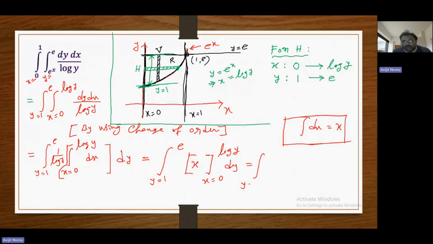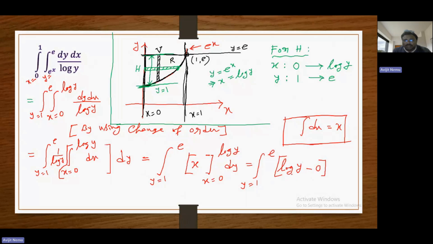So integration over y ranges from 1 to e. When the upper limit of x is log y, the integration value is also x, so we can directly substitute. Due to the upper limit, the value of the integration is log y because the integration is x, and minus due to the lower limit where x is 0, we substitute x by 0.